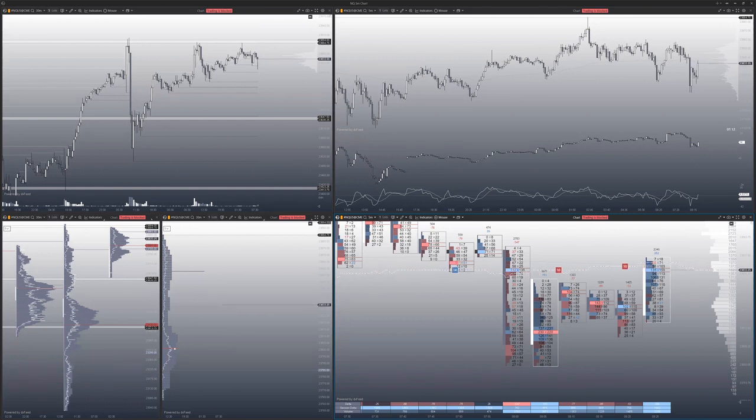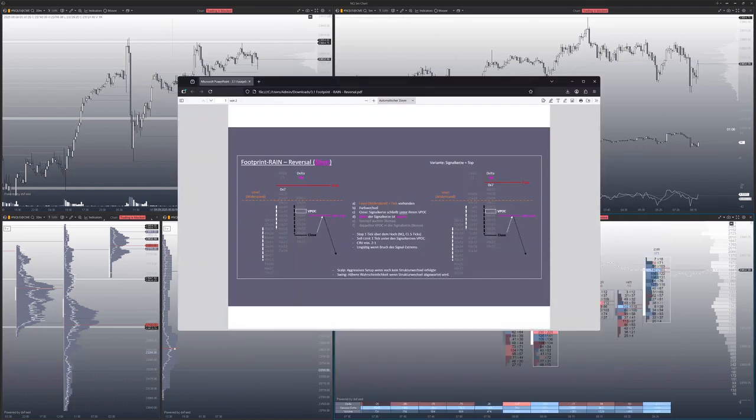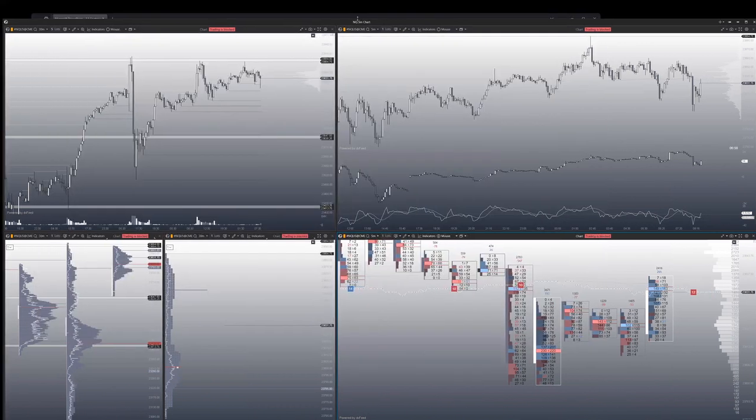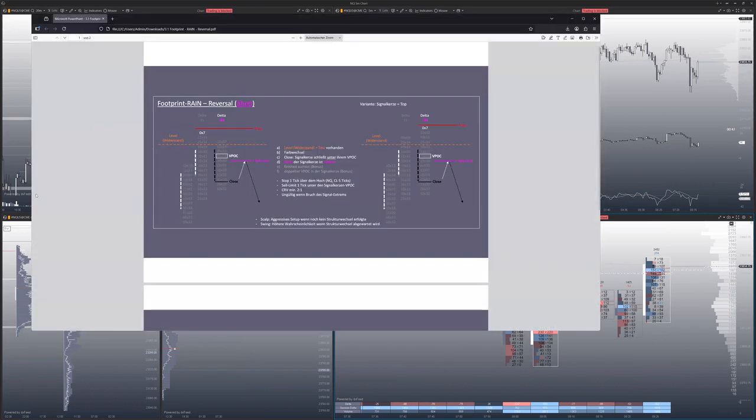So, this is how I focus on the setup. I explain you a little bit. Whoops, that's not correct. So, where's another picture? Here. So, what I'm looking for.